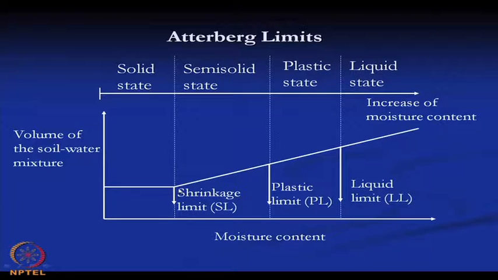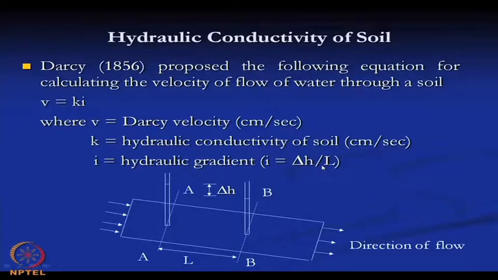And from this graph we can say that after the shrinkage limit, the volume of the soil-water mixture does not change even if we further reduce the amount of water. So, after the shrinkage limit, there is no volume change. These three limits are called the Atterberg limits, and these are very important properties for fine-grained soil.